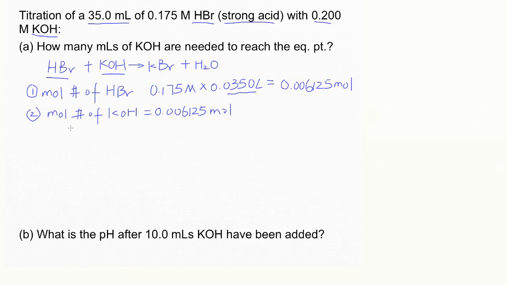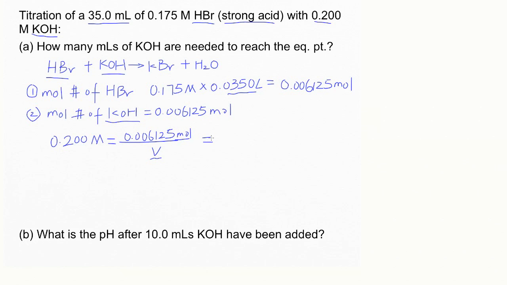Now the volume of the potassium hydroxide comes from this equation. We know the concentration of the potassium hydroxide is 0.200 mol per liter, and if you need 0.006125 mol, then the volume is unknown.